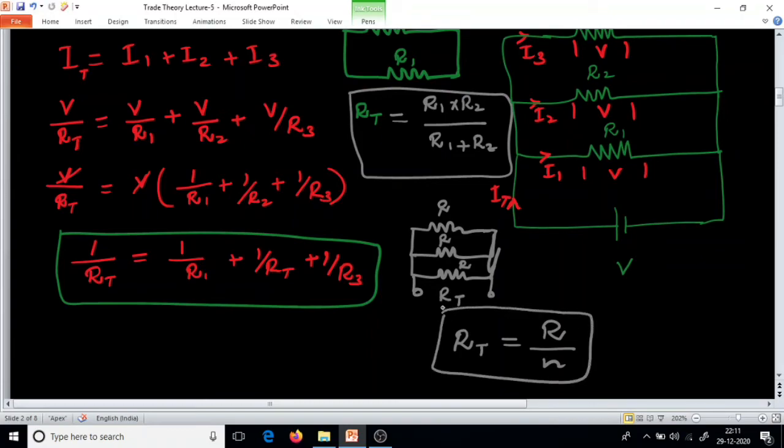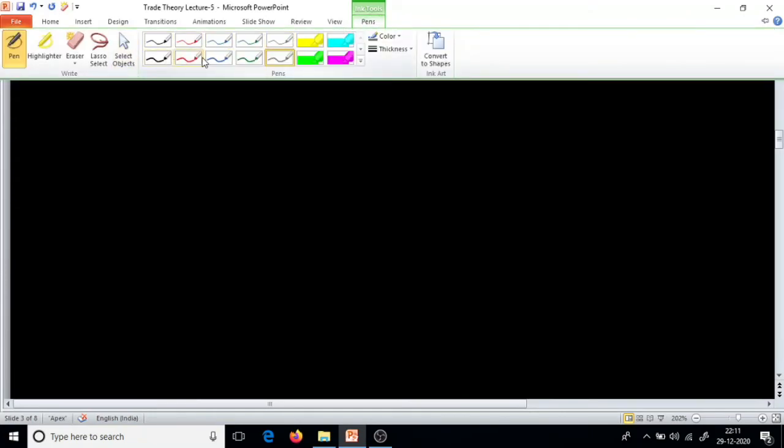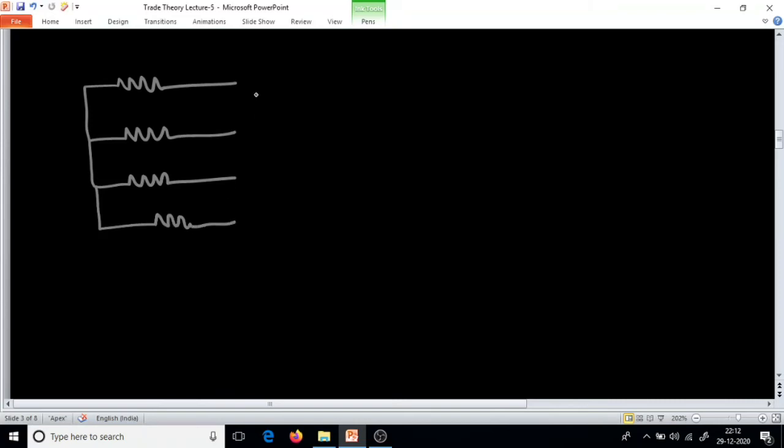We'll see one simple question here. Assume that we have four resistors connected in parallel, all 1000 ohms.